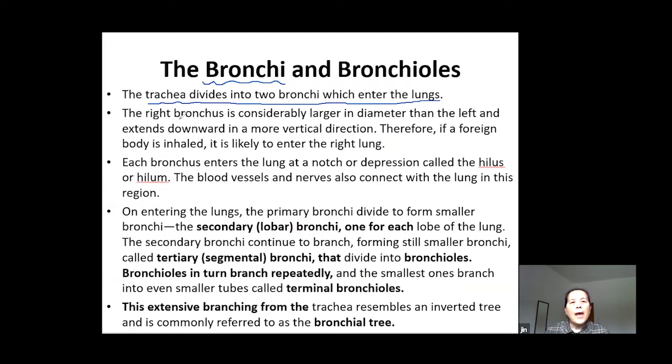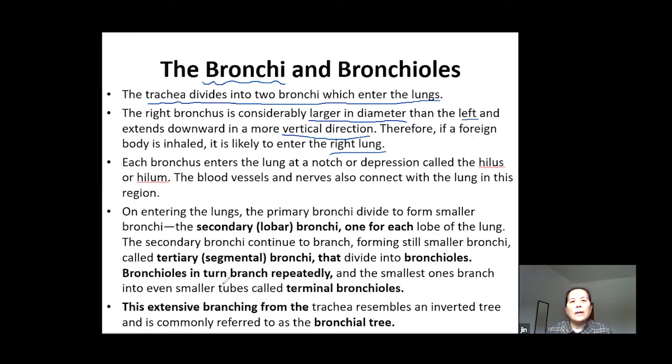The right side, like we said already, is larger in diameter, and the left side is smaller in diameter. But the left side angle is smaller and the right side angle is bigger. So if something goes down the trachea, it easily goes to the right bronchi or the right side of the lung.